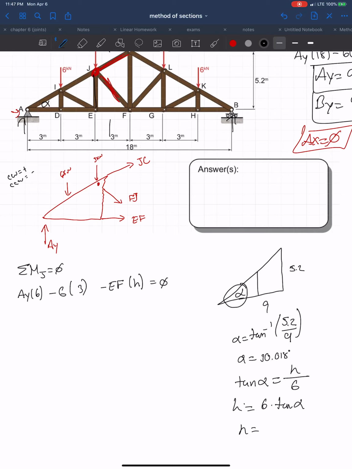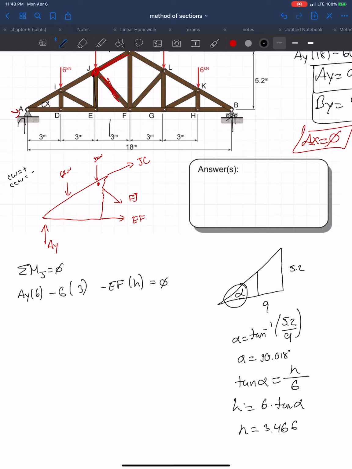And h should be roughly 3.46. Let me just go ahead and plug that into my calculator to be sure myself. So it's going to be tan inverse. Oh, it's actually going to be tangent 30.018 times 6. Yep. So that's going to be our h.